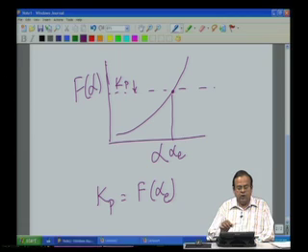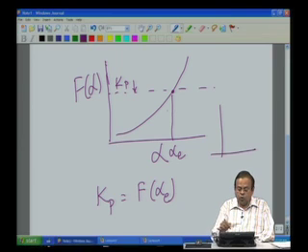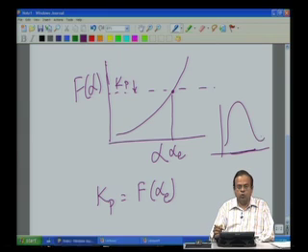This leads to several interesting observations. Firstly, f of alpha is a non-linear function, but it is a monotonic function. So, there is a unique value of alpha. What is a non-monotonic function? This is a non-monotonic function, it goes up and down.